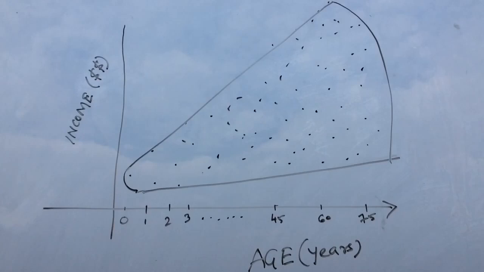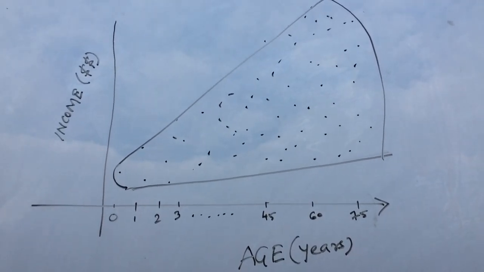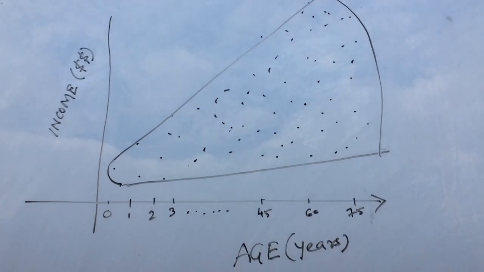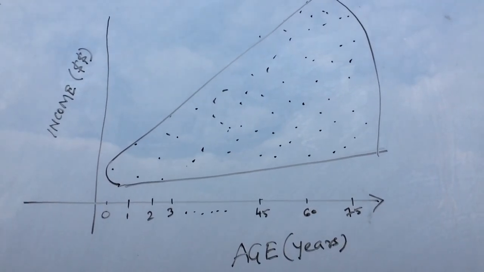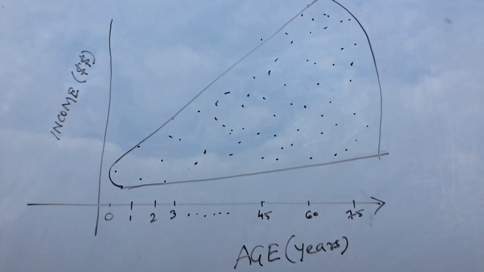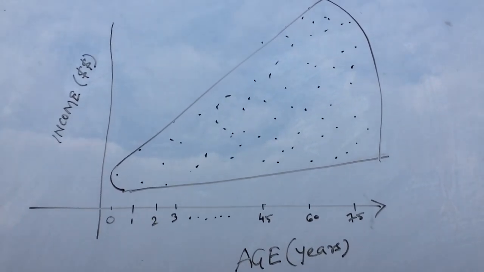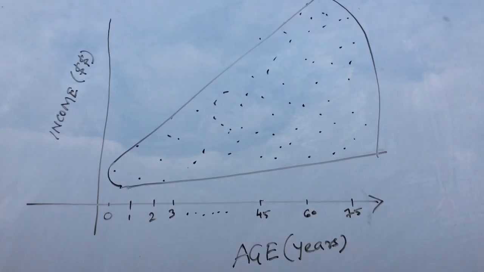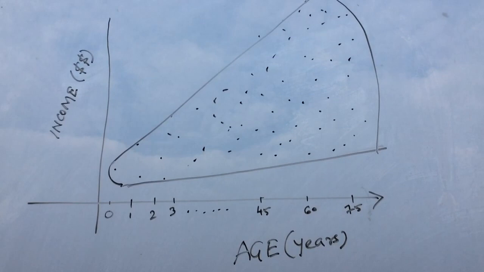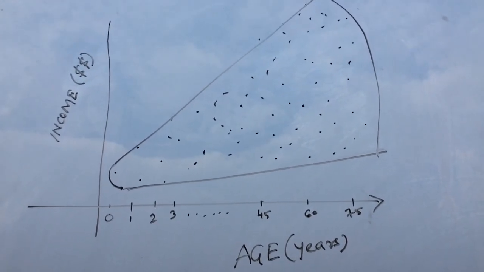And if I go to the age around 60, I can see the standard deviation could be in thousands and thousands of dollars. That means if I go from age 0 and 1 years all the way to 75 to 80 years, the scatter is not constant like we saw in the height of the fathers and daughters relationship. Right, here it keeps changing.